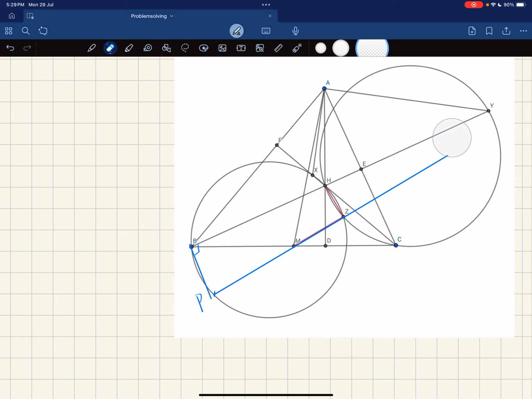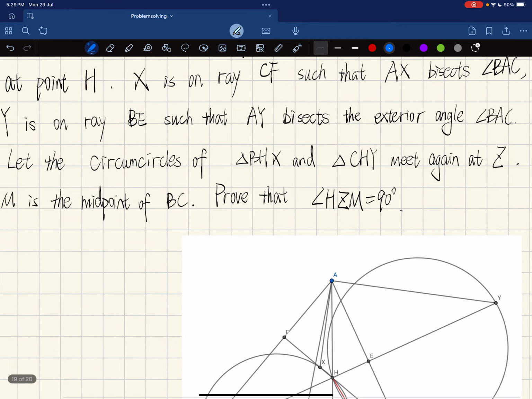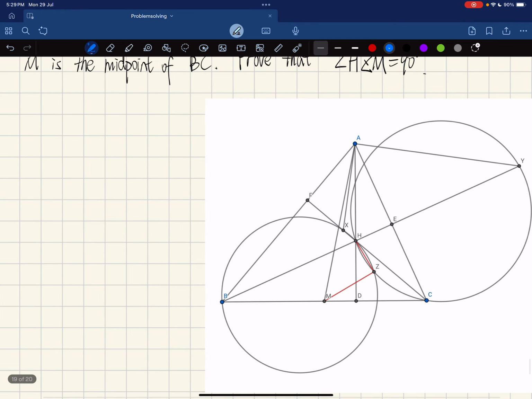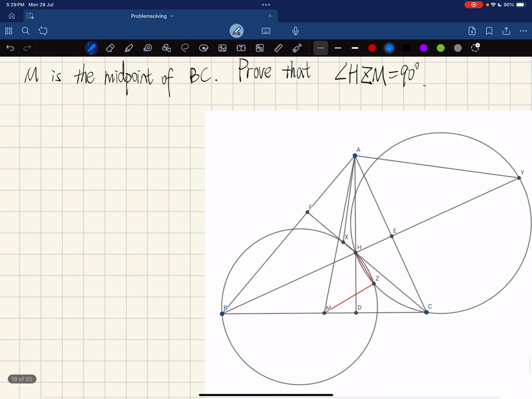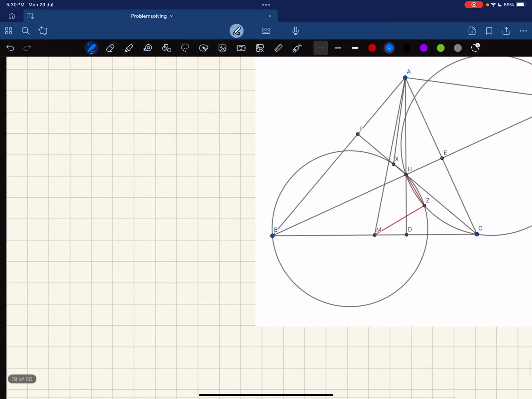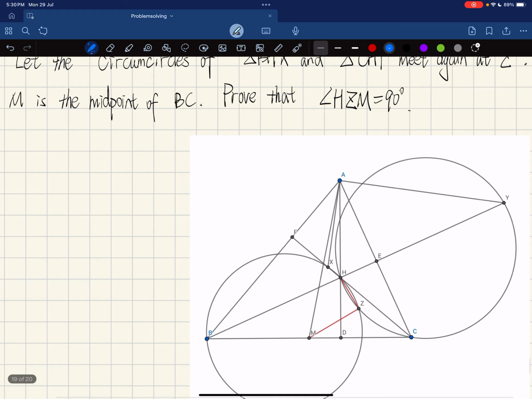So how can we change our mind, or start from other things? Maybe from the point M, or from the angular bisectors.